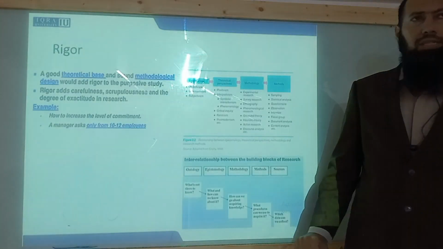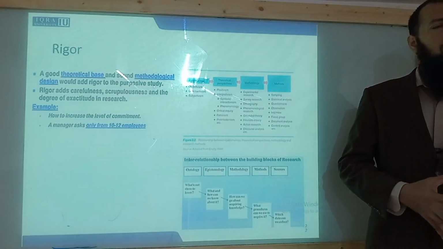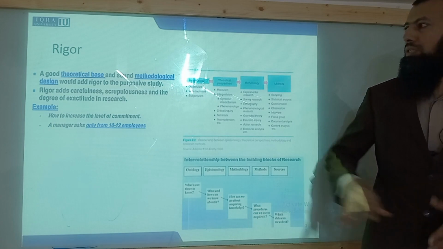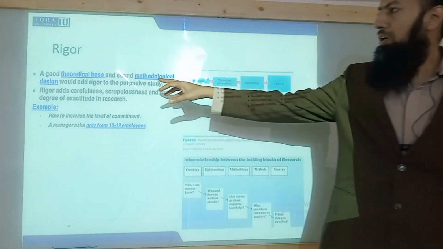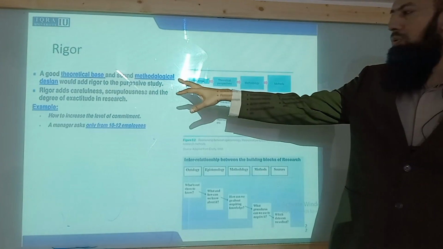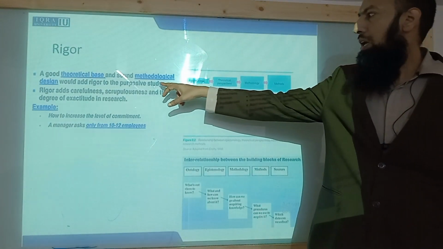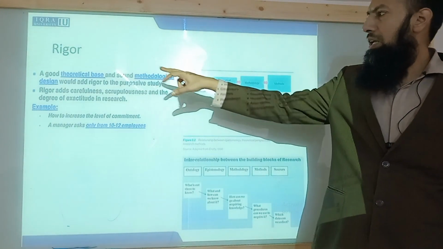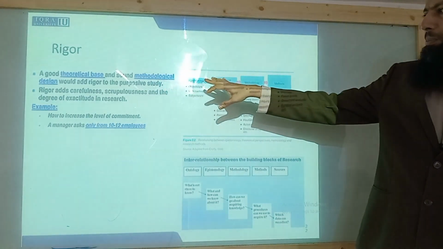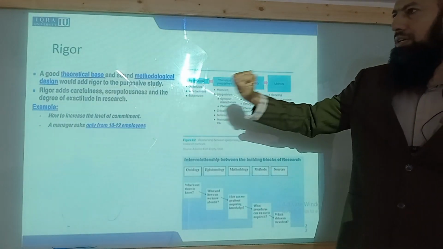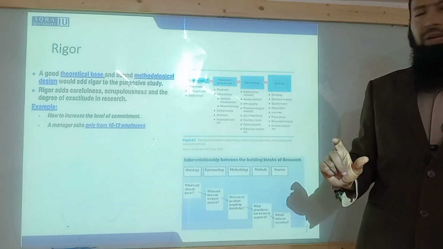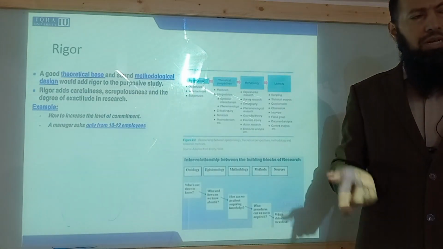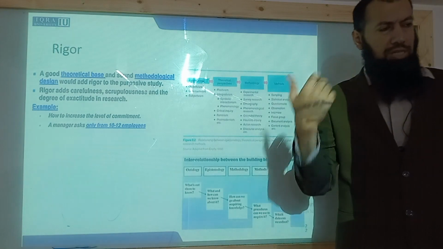Rigor is basically how thorough the study is. For example, good theoretical base and sound methodological design would add rigor to the purposive study. Theoretical base and methodological design. Theoretical base, we already discussed the concept of theory.